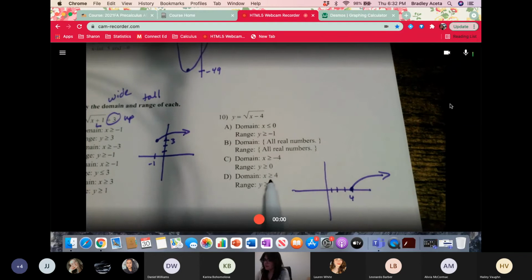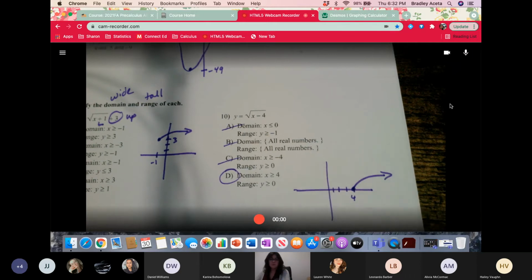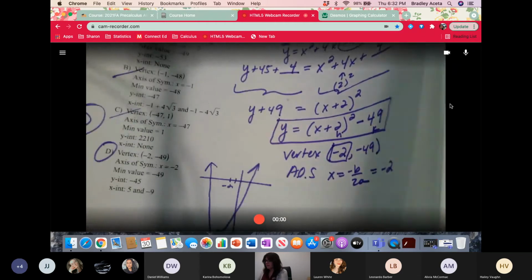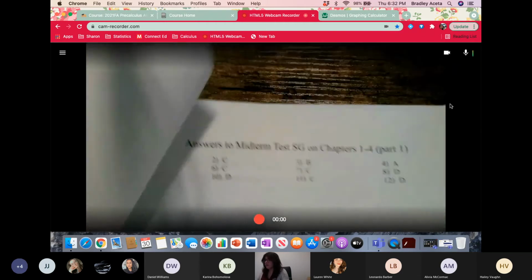So x is greater than 4. This one says x is greater than -4. All reals, no. So we already know this is the answer, and we can just check to see that the range is correct. Or is my range 0 values and greater? Yes. Values greater than 0. So a couple of domain questions right there.